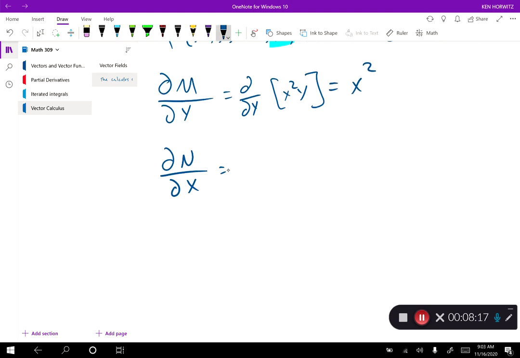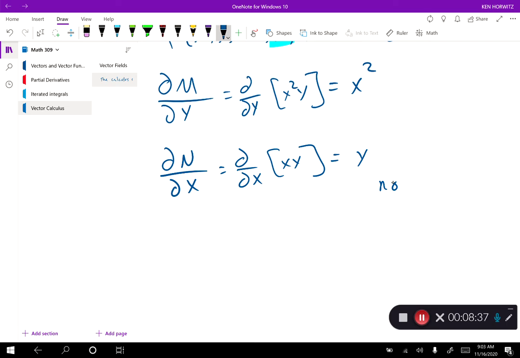And my partial of N with respect to x, where N is xy, would just be plain old y. So the answer is no, it is not conservative.